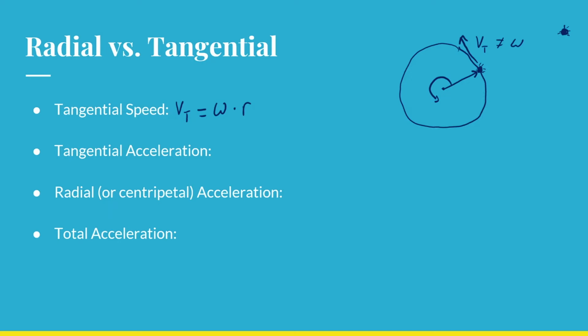Similarly, there is a tangential acceleration. And this does not need to be in the same direction as the velocity. So for our example, we're going to have it go backwards. So our tangential acceleration in this situation is backwards.